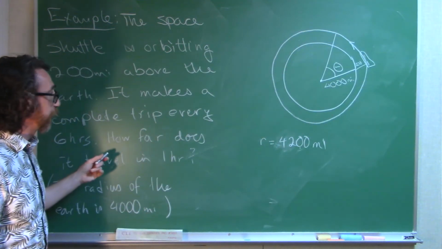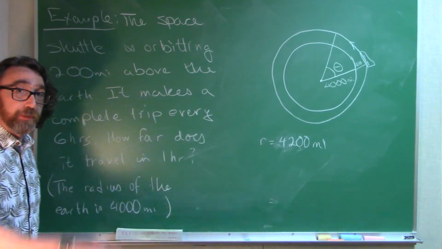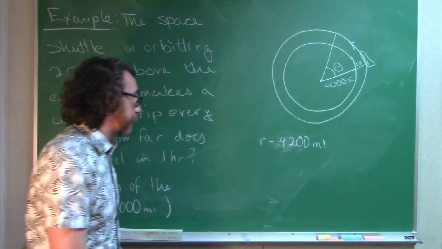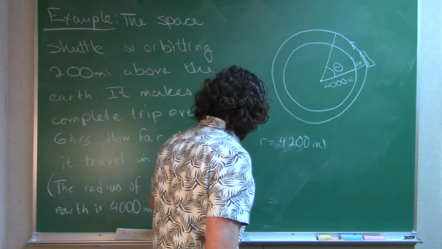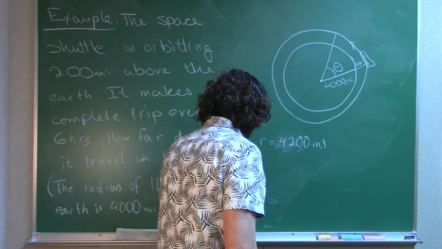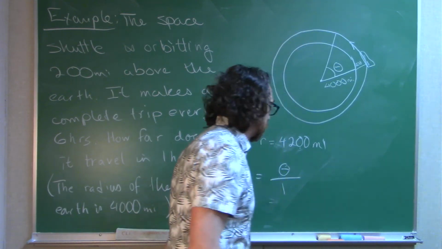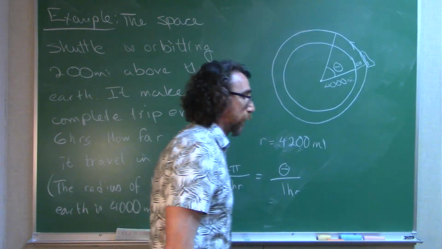Well, we know that the space shuttle makes a complete trip every 6 hours. Now a complete trip would be 2 pi radians. So I can find my angle theta by doing this. 2 pi over 6 hours is equal to theta over 1 hour. Solve for theta.